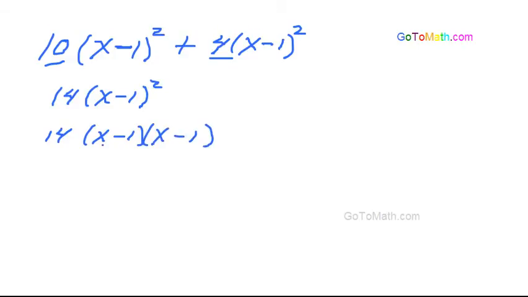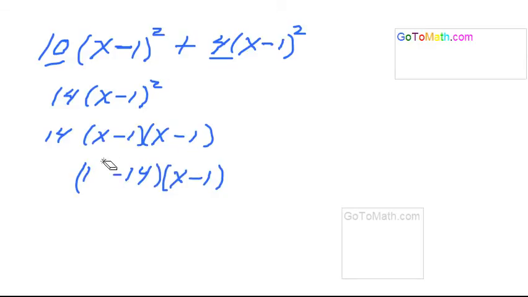Let's just go ahead and multiply that 14 inside. There's supposed to be an x right there. And now we can multiply these together. I'm going to rewrite that part.